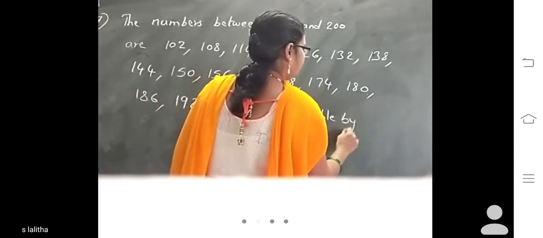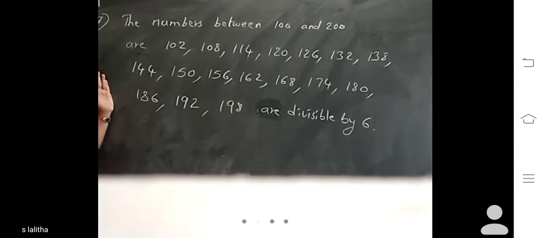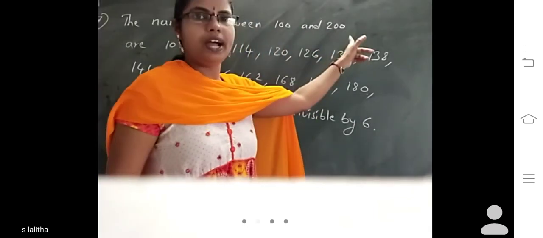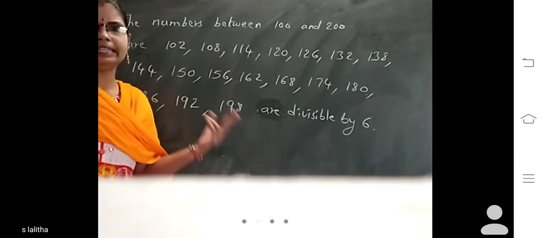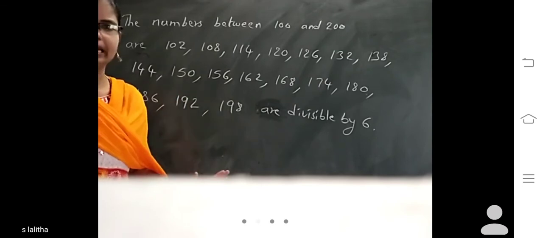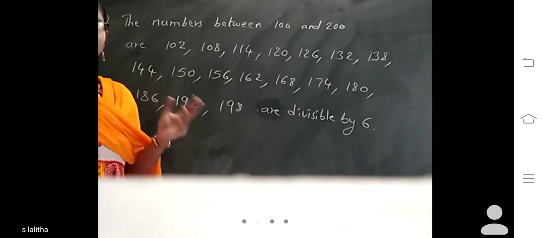Do you know how to do it? First, you have to check one number only. Between 100 and 200, which one is divisible by 6? It must be in both the 2 and 3 tables. 100 is divisible by 2 but not by 3. 101 is not divisible by 2, so leave it.